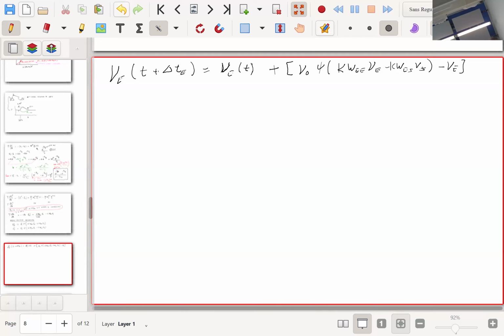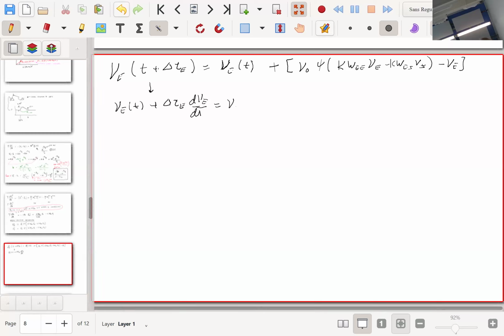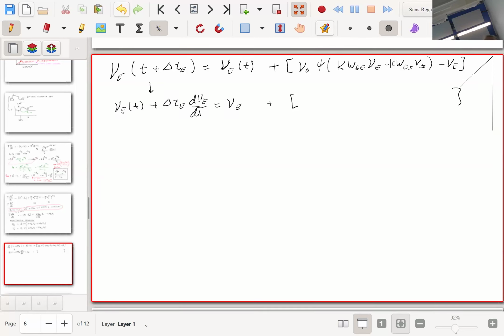And as before, we're going to write this as nu E of t plus delta t, d nu E dt, equals nu E plus this.